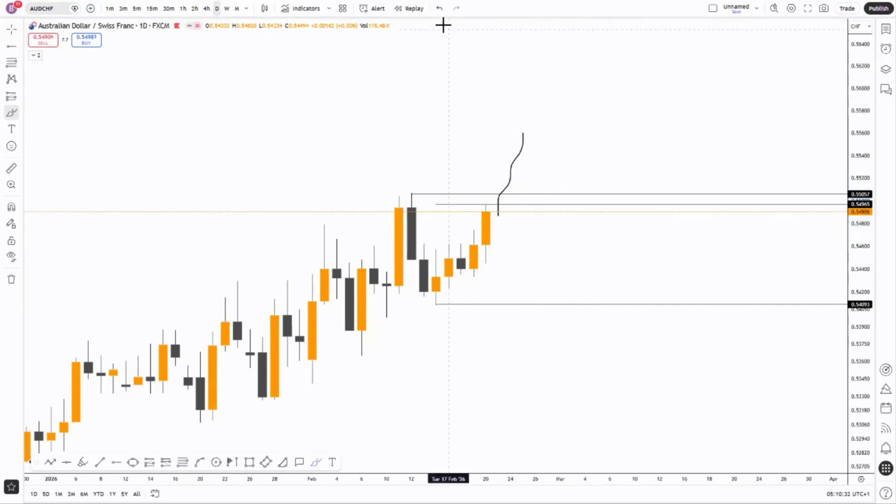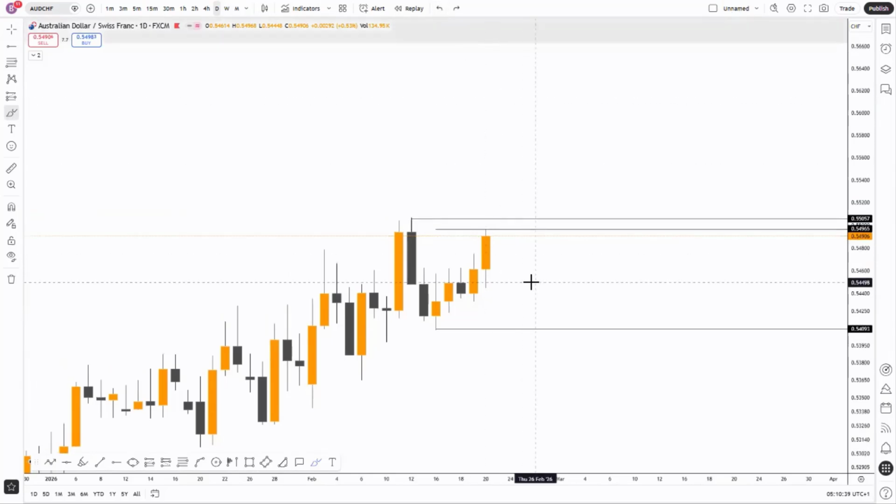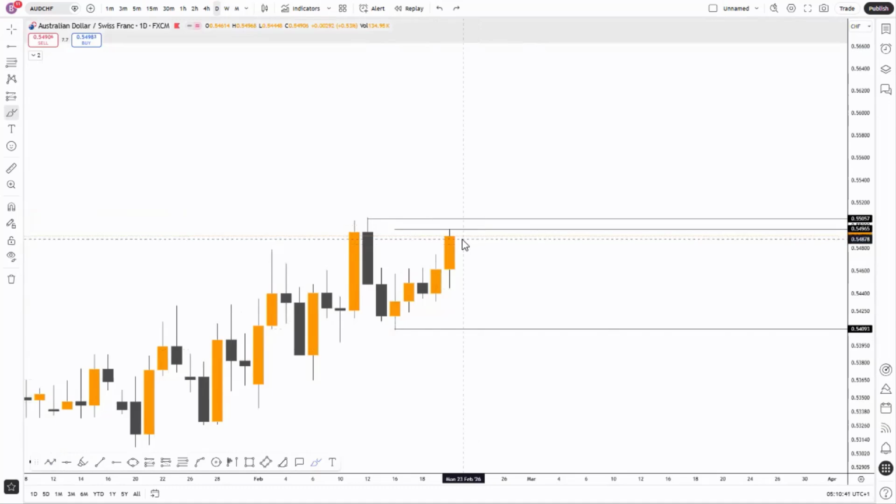There are two ways about this. Either we see price open and buy, or we see price open, then sell to buy.